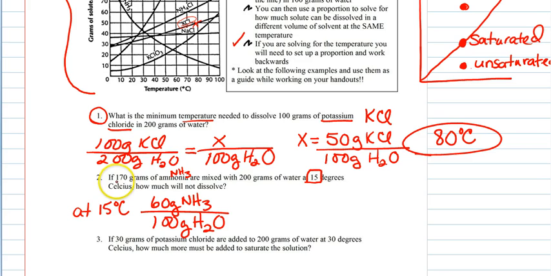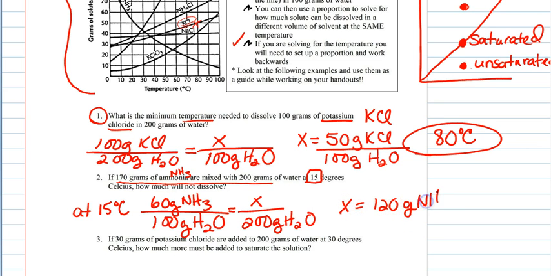Now it says, though, that 170 grams of ammonia are mixed with 200 grams of water. Well, let's see, based on this information, how much would be saturated in 200. So now I'm setting up my proportion. So 60 times 200 divided by 100 will give me 120 grams of ammonia. So what this means is that 120 grams of ammonia is saturated in 200 grams of water.